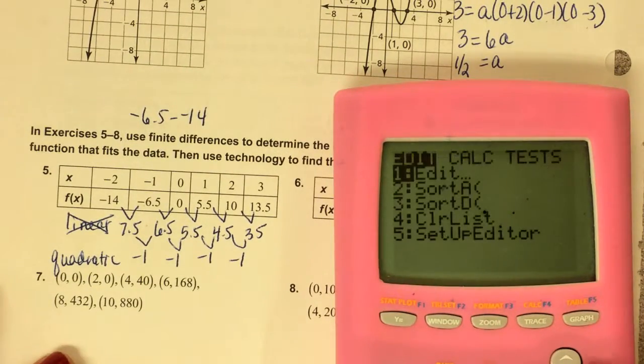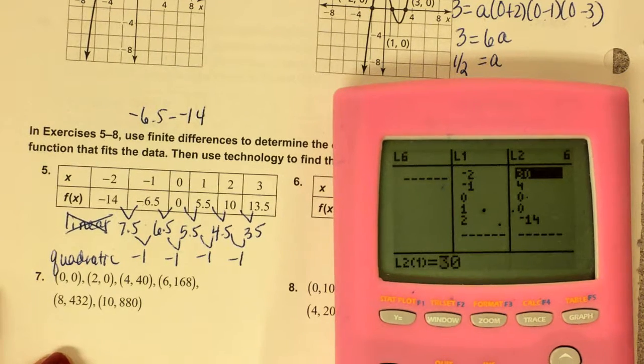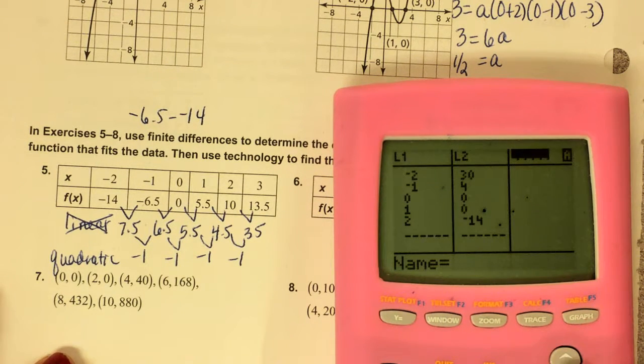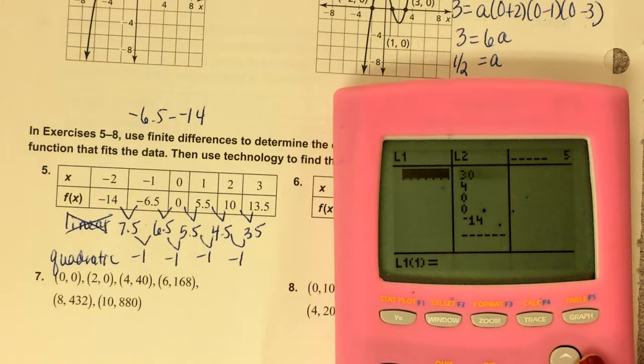So here's what I'm going to do. I just go to Stat, Edit. I have to use L1 and L2. Excuse me. I need to clear those out. So putting in our x's, then put in our y's.